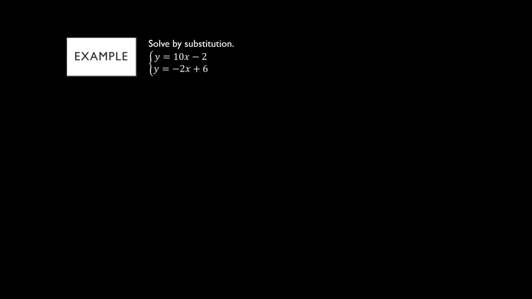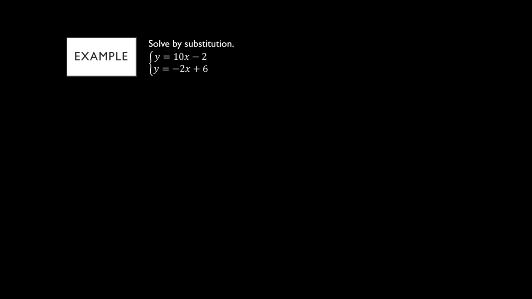So I've got several examples here. The first one is to solve by substitution. So I have two equations here. They're both linear. You can see that they're in slope-intercept form. And the first step would be solve for a variable. These are both solved for y, so we don't need to do that because that step's already done. The second step is to substitute one equation into the second.